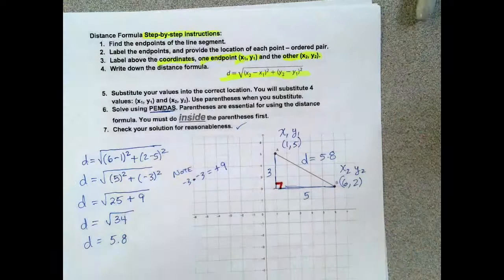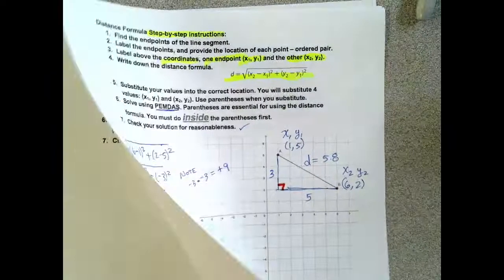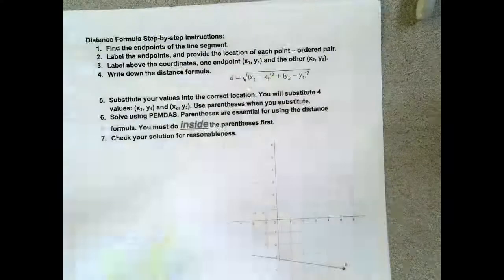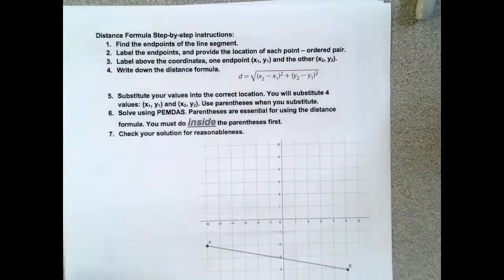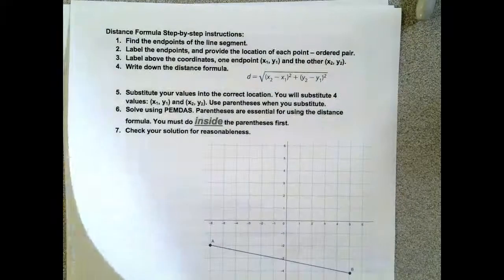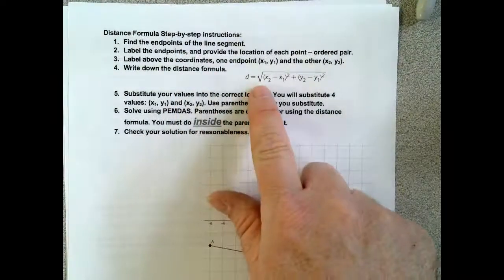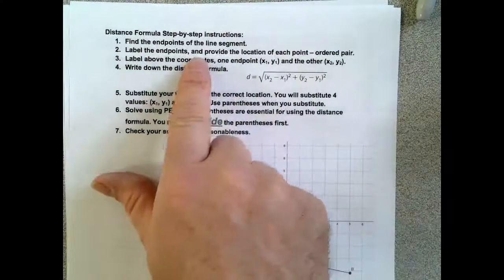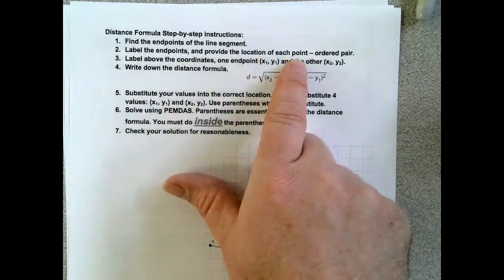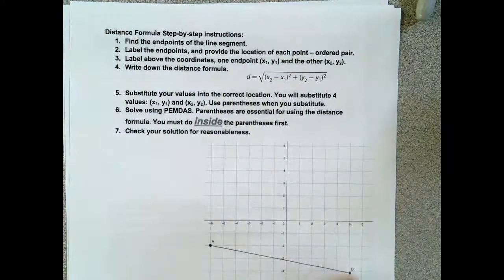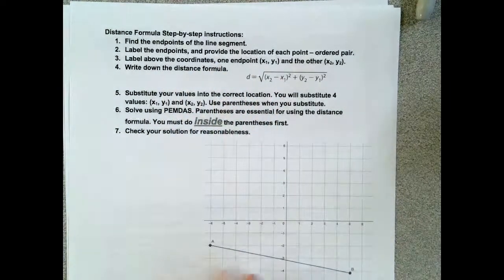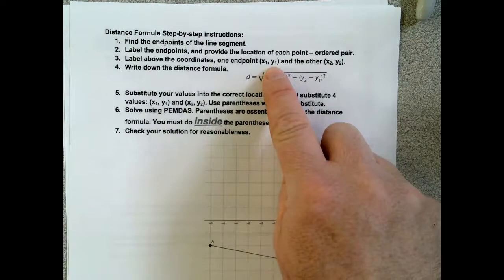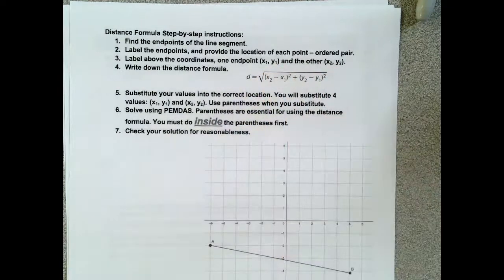Okay. So with that, that leaves you another problem right here to do on your own. Follow these step-by-step instructions. Find the endpoints, label the endpoints, give the location of A and B, label them, then write down the distance formula and label one pair x1, y1, the other x2, y2, just like we did in this situation.